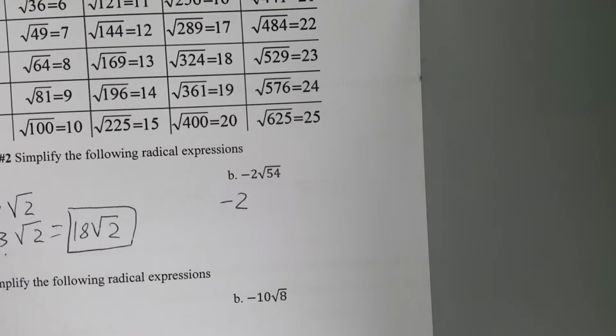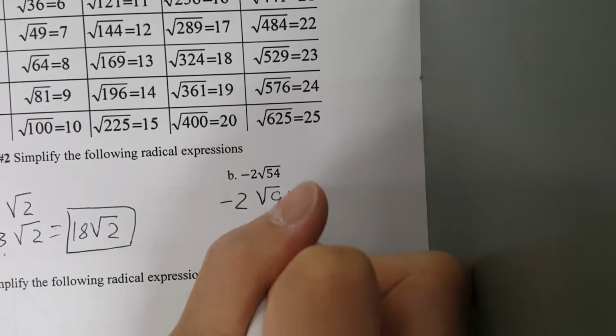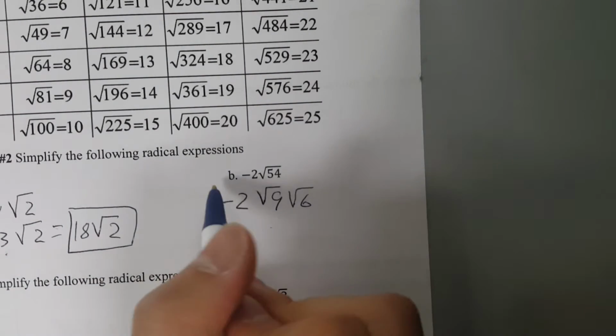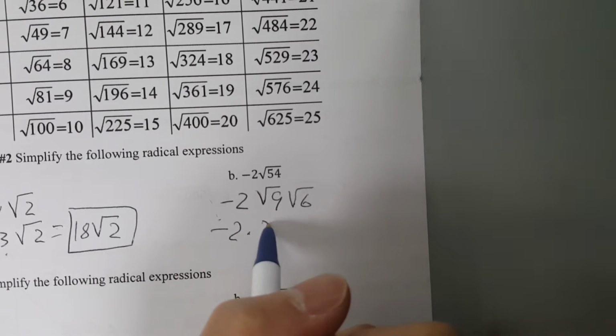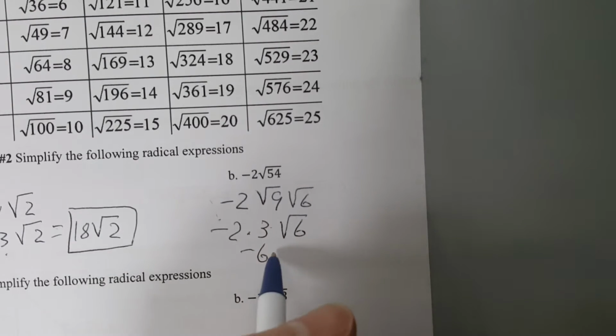So this breaks up into the square root of 9, which is the biggest number. And I know the square root of 9 is 3, so this is negative 2 times 3 times radical 6. So this is negative 6 radical 6.